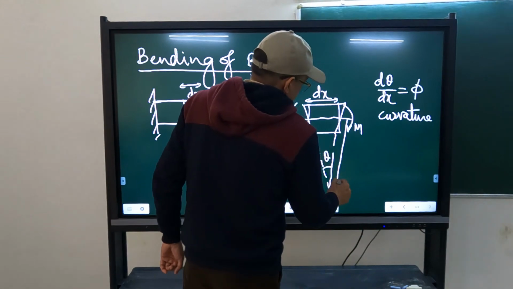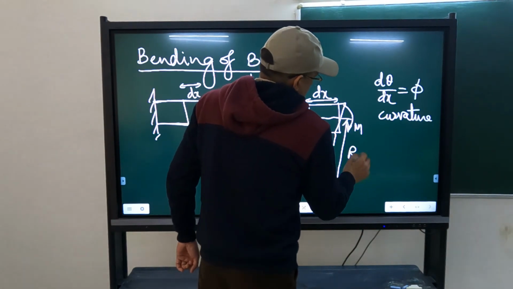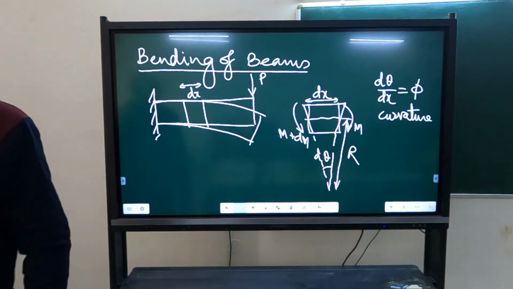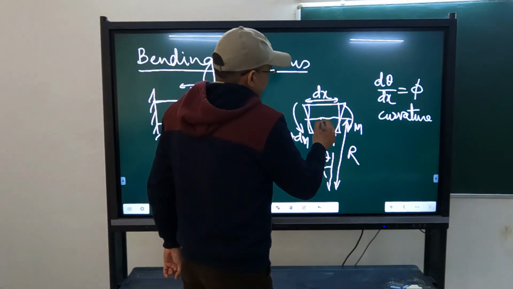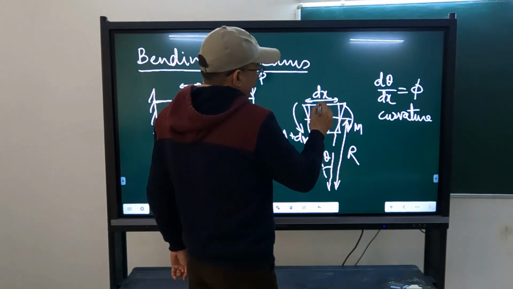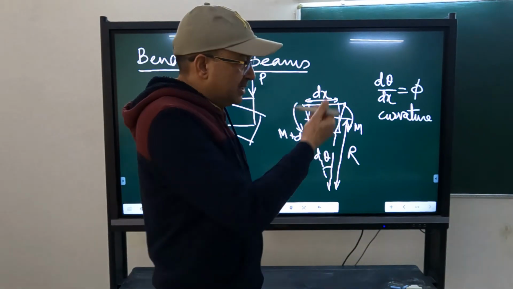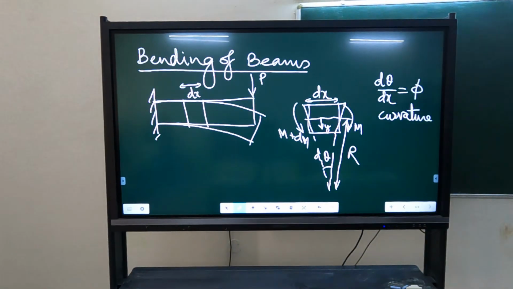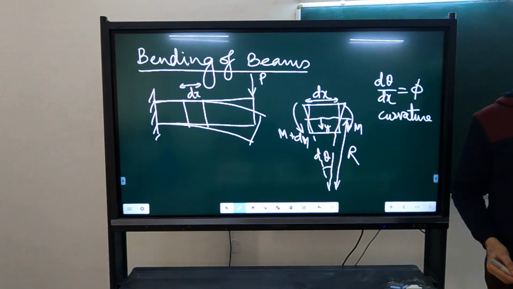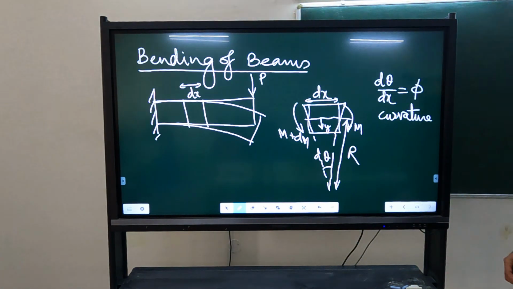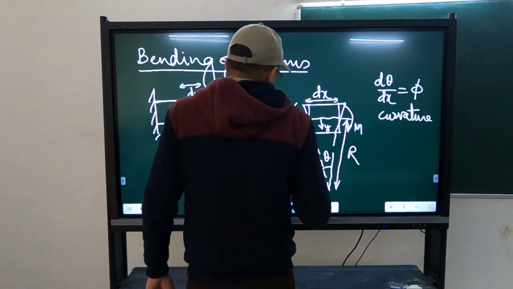This distance we call R, the radius of curvature. From the neutral axis we take the distance y. On the lower side it may be positive and on the upper side negative, depending on the sign convention you are using. Then you have derived different expressions with this.